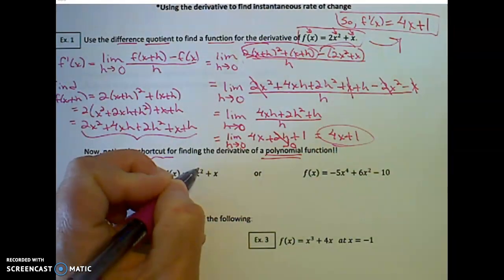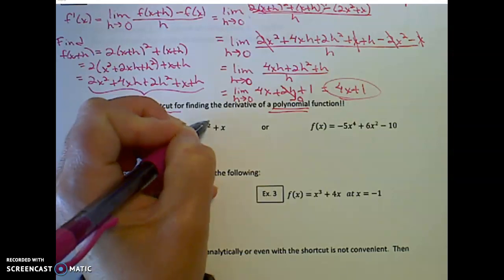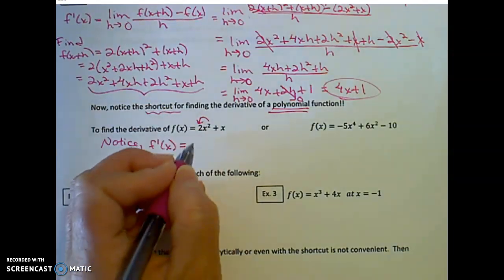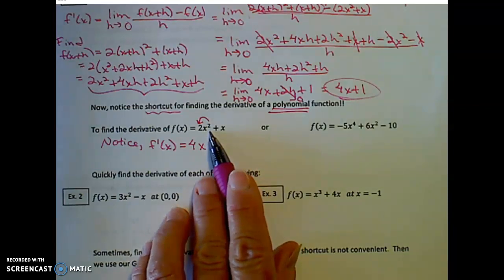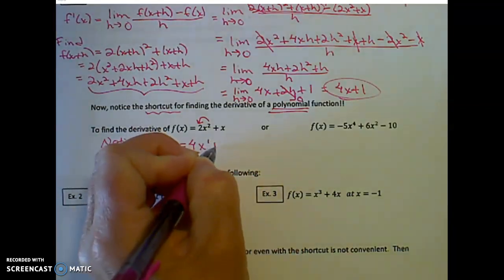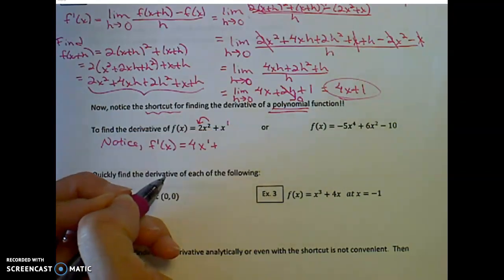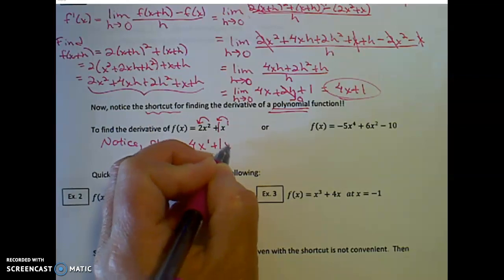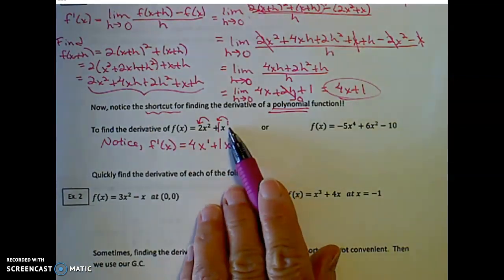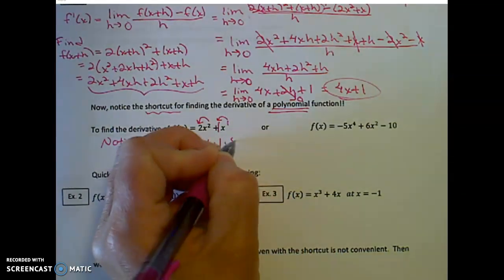Watch this. I take exponent times coefficient, 2 times 2 is 4, x to the, knock that degree down by 1, 2 minus 1 is 1, plus exponent times coefficient, 1 times 1 is 1, x to the, knock that down by a degree, 1 minus 1, which is 0.